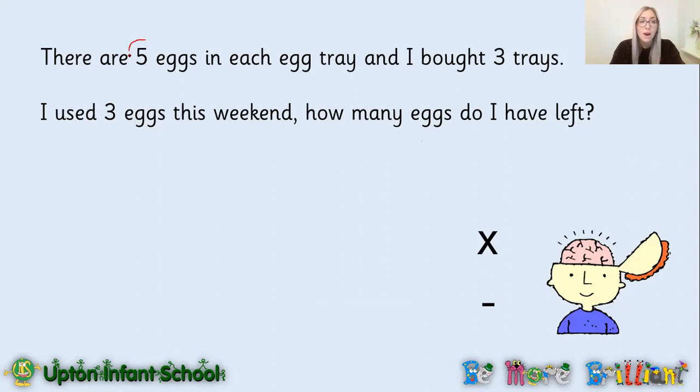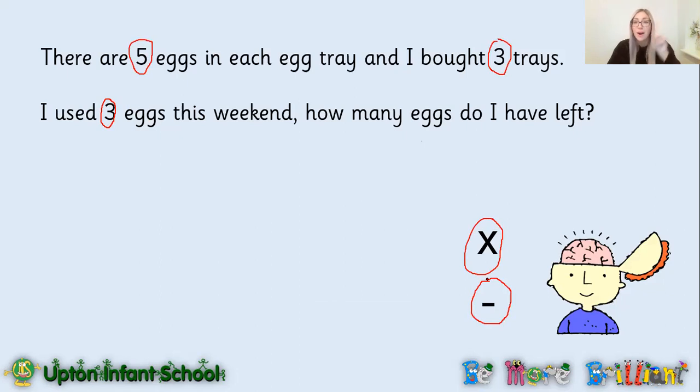So 5 eggs in each tray, and I bought 3 of them. Then I used 3, okay? So we're doing a 2-step problem here. We are using our multiplying, and we are taking away because some of the eggs were used.